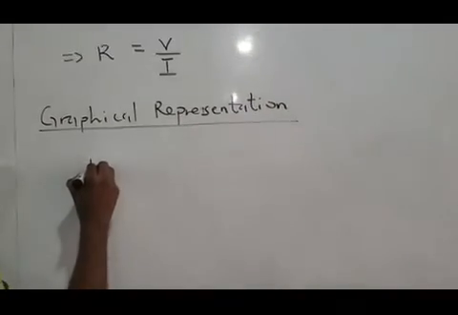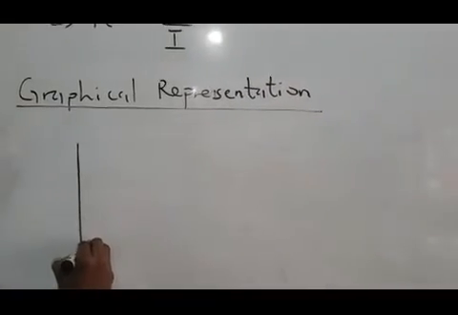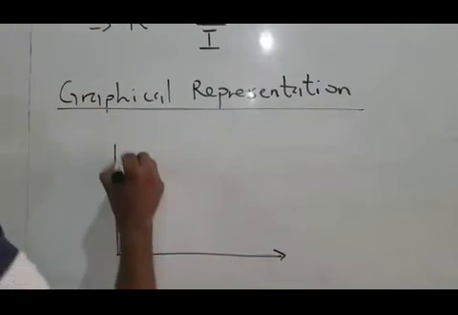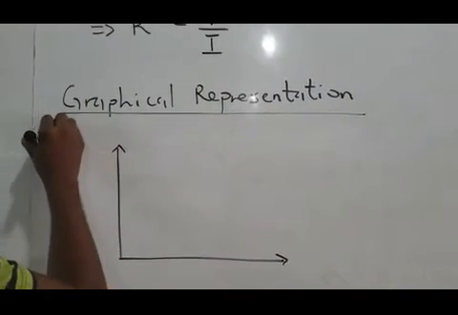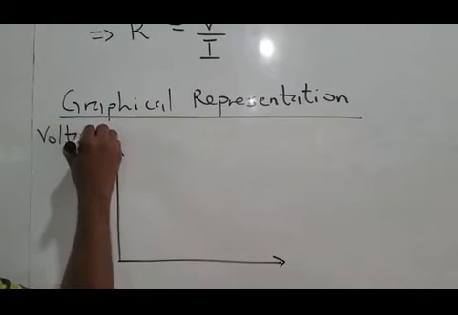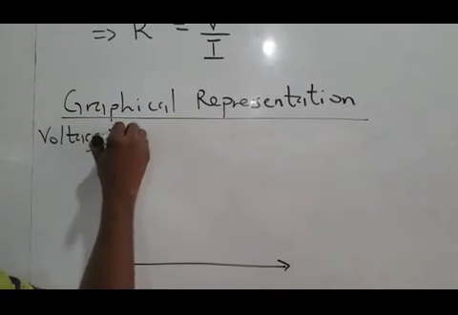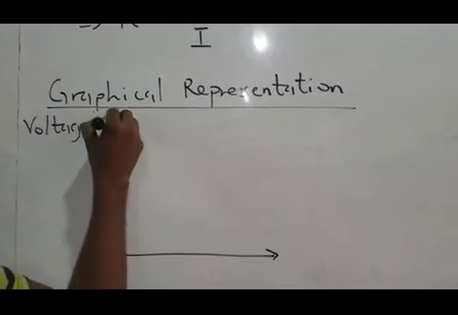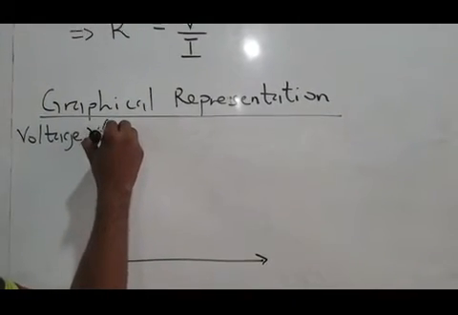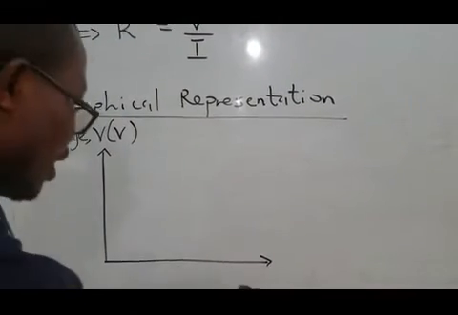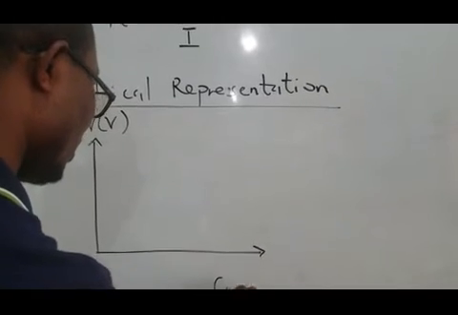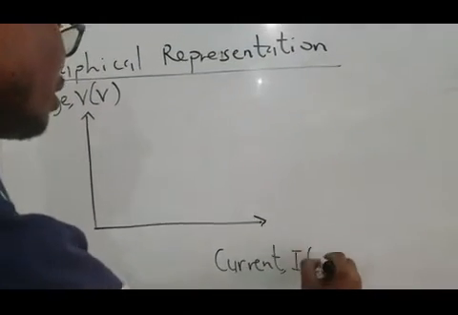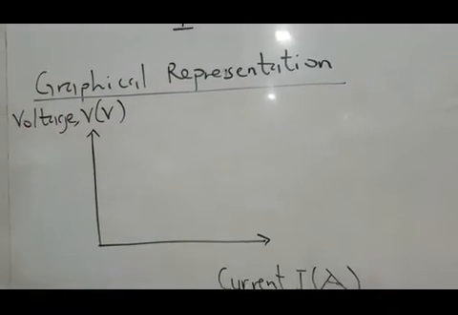This involves a graph of your voltage on the vertical axis, so your voltage V is in volts, and then you have your current I in amperes.